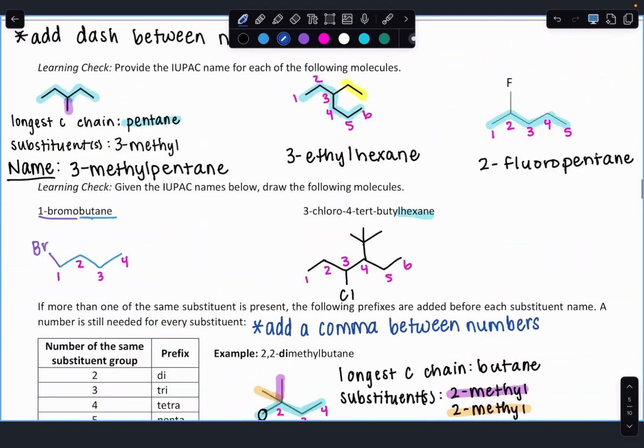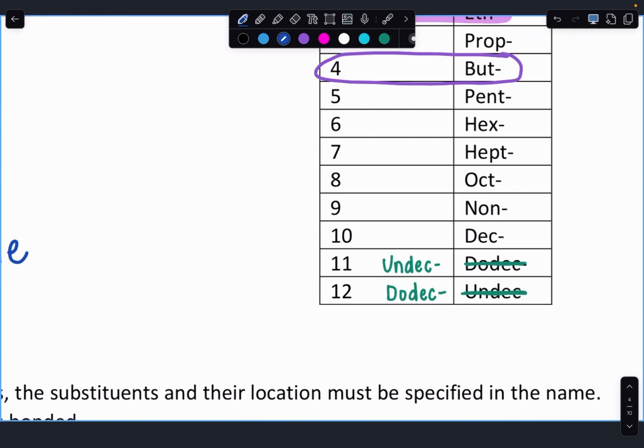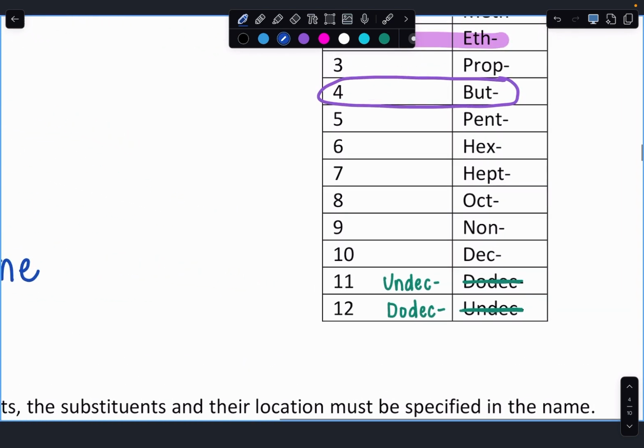If you go back to the first page, I switched undec and dodec. Undec is for 11 carbons, dodec is for 12. So just cross those out and rewrite the prefix for 11 and 12 carbons.